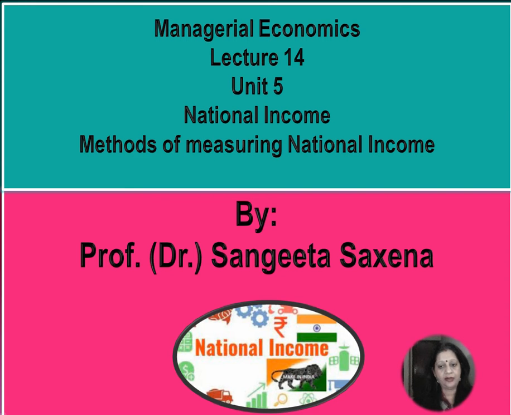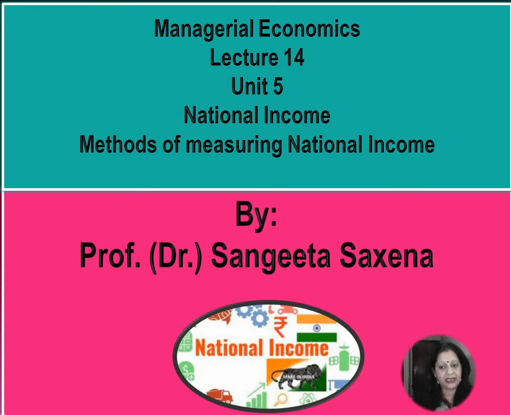Out of 5, 2 are earning 20,000 and the rest 3 are earning 10,000. So the total income of family A is 20 plus 20 plus 30, that means 70,000. The total earning income of family A is 70,000.